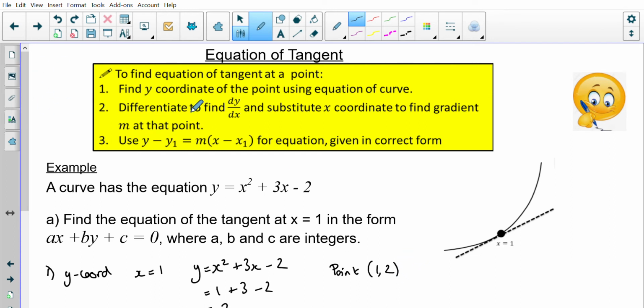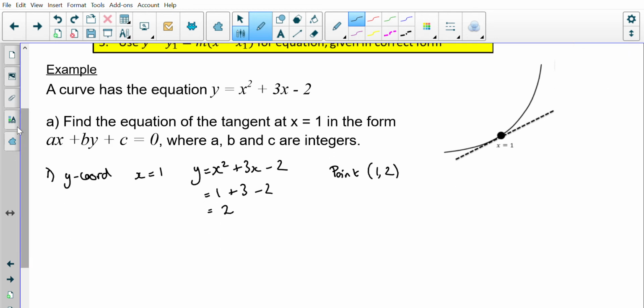For the next step, we're going to differentiate and find the gradient function of this quadratic curve and then substitute x equals 1 to find the gradient at x equals 1. So differentiating x squared plus 3x minus 2 gives us 2x plus 3. So that's my gradient function. I want the gradient at x equals 1, so let's substitute x equals 1 into our gradient function.